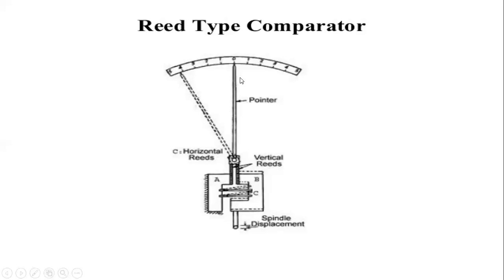By the spindle movement, the floating block is moved upward, and the readings are taken and observed on the pointer.